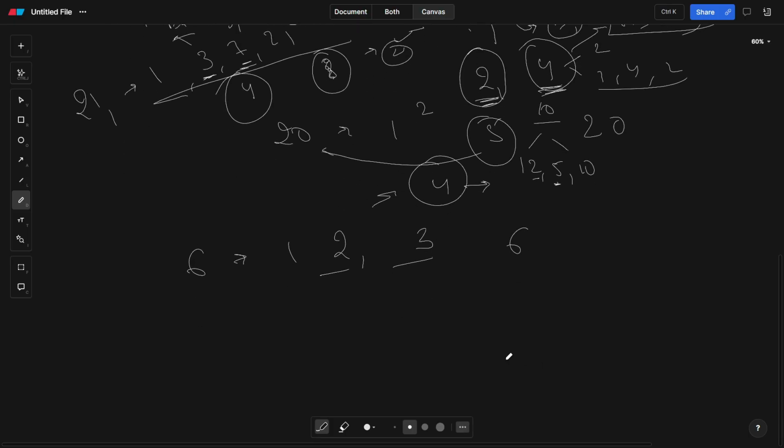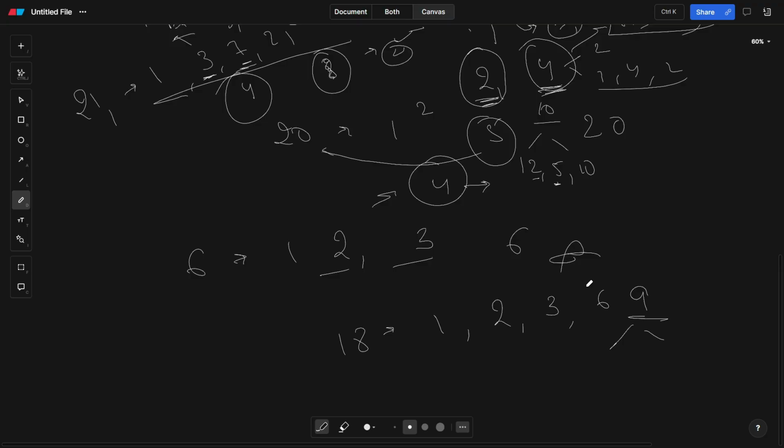Similarly, let's take 18, just a random number. 1, 2. From 2 we got 9. Now 9 is not a prime number, so 3 is also a divisor, and 6 is also a divisor. So that cannot work.